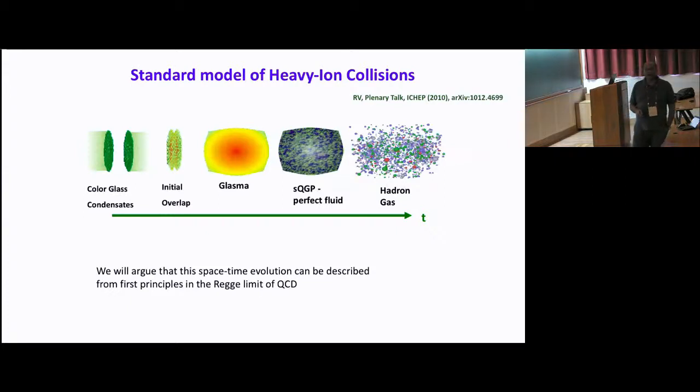Okay, so you can describe the wave functions of these hadrons as color glass condensates, and then you can describe the entire evolution subsequently in a series of stages, okay, which one can really carry all the way from soup to nuts to actually describe the multiparticle production that one has, okay? And we will argue in these next two lectures that the space-time evolution can be described from first principles in the Regge limit of QCD.